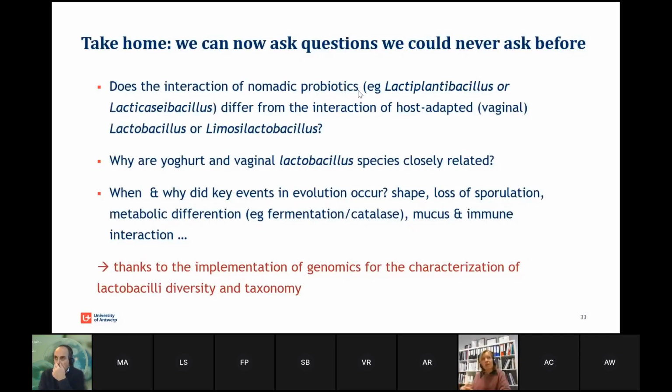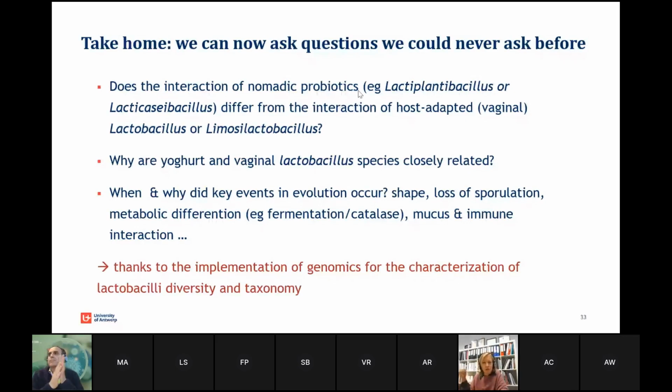A second main question we have is that, for example, we find these Lactobacillus taxa in the vagina, and they're also, in a way, rather evolutionarily closely related to the yogurt bacteria. We wonder why that is the case. On a maybe more fundamental level, we also ask ourselves questions: when did key events in evolution happen?